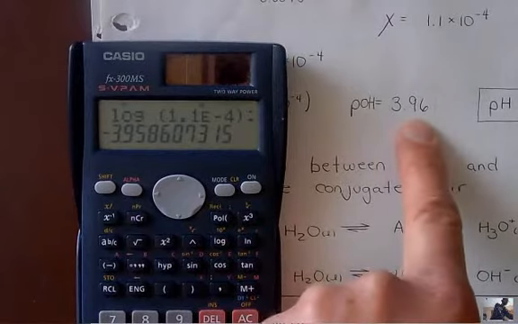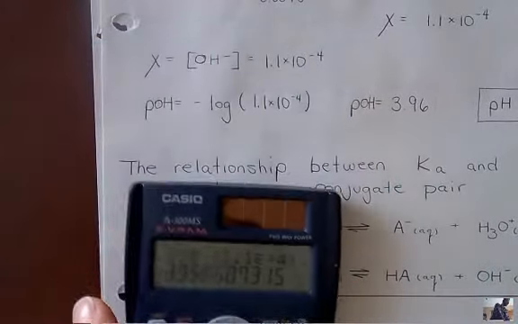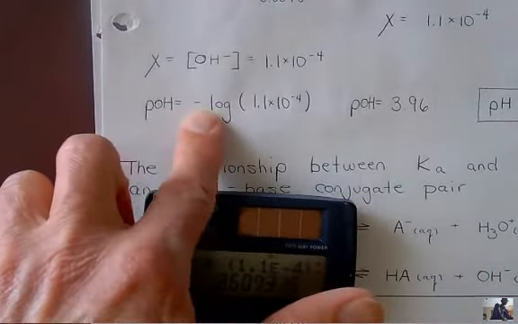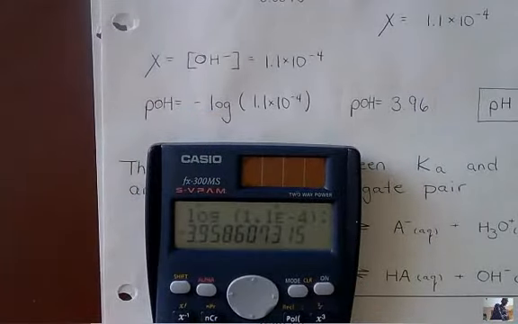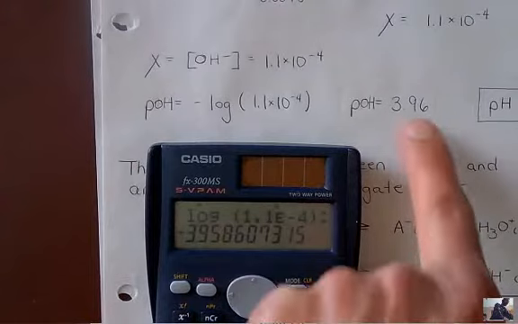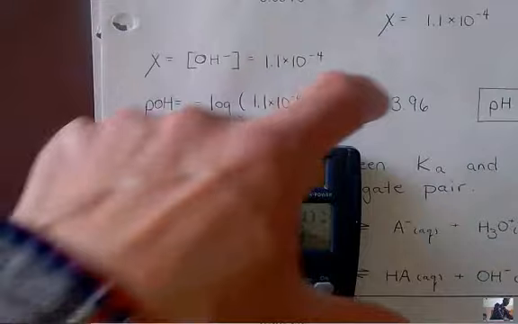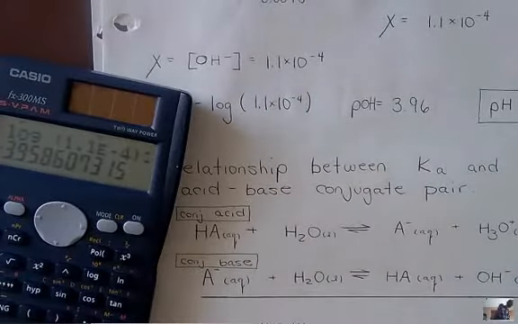So here's the number from the calculator. Here's my pOH. I drop the negative sign because my formula has a negative in front of it. Here's the result from the calculator of taking the log of 1.1 times 10 to the minus 4th, and the negative sign goes away because it would be negative times a negative. Okay, last step.